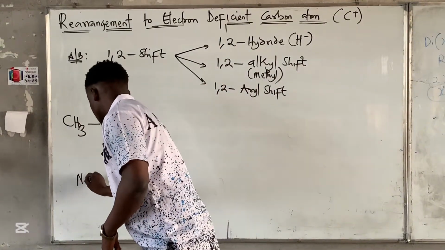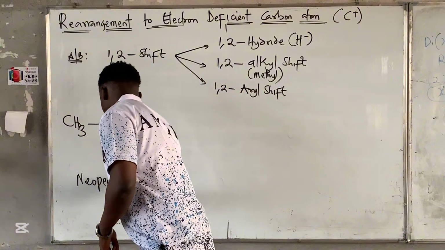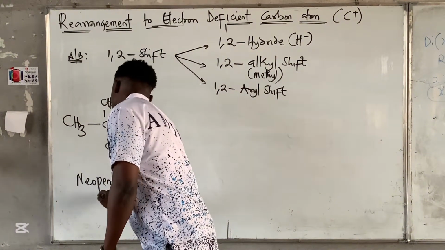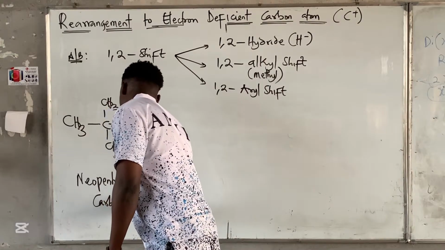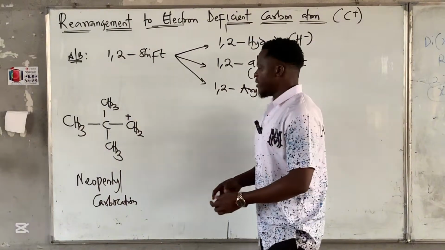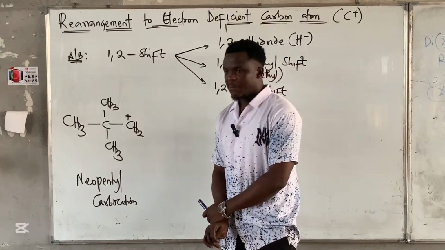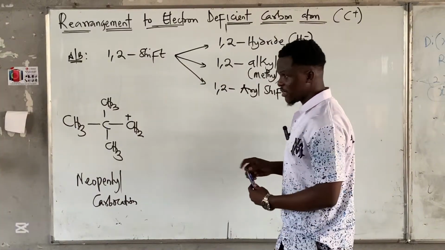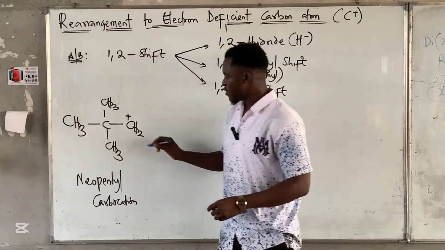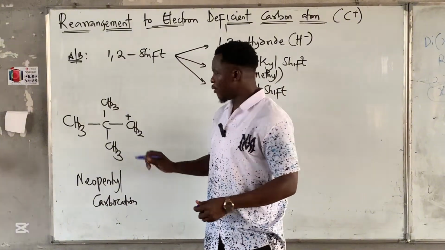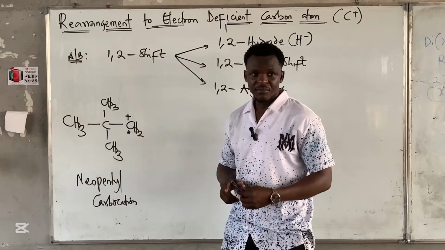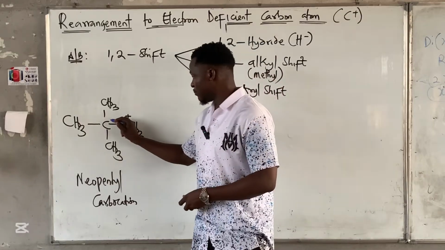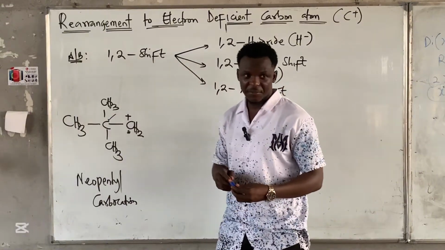Now let's assume the intermediate turns out to be something like this. This is called a neopentyl carbocation. Now, this is a primary carbocation. Based on the illustration I gave us, a primary carbocation is basically a carbocation in which the carbon bearing the positive charge, the one with the asterisk, is further attached to just one carbon, which is just this guy.